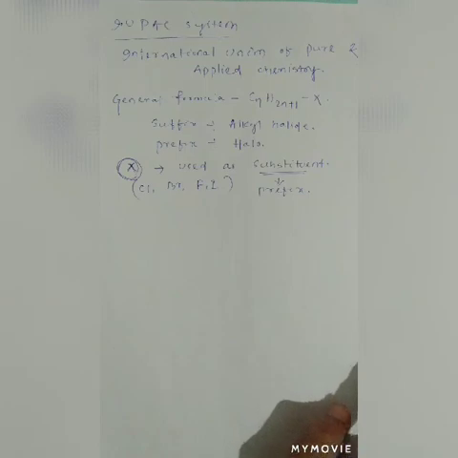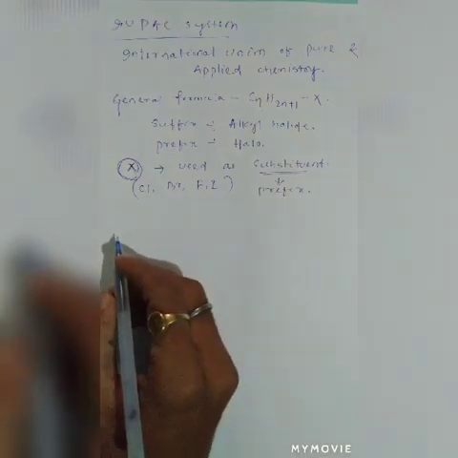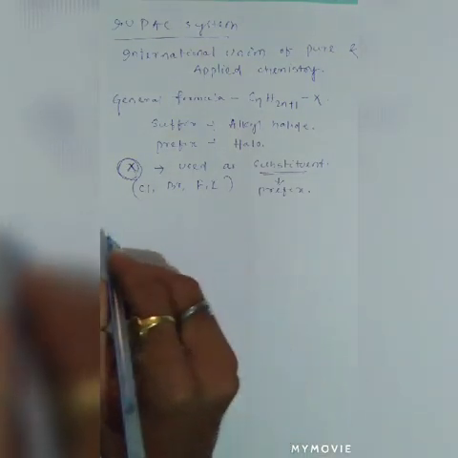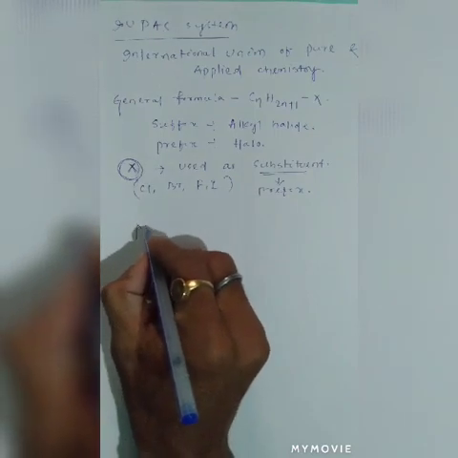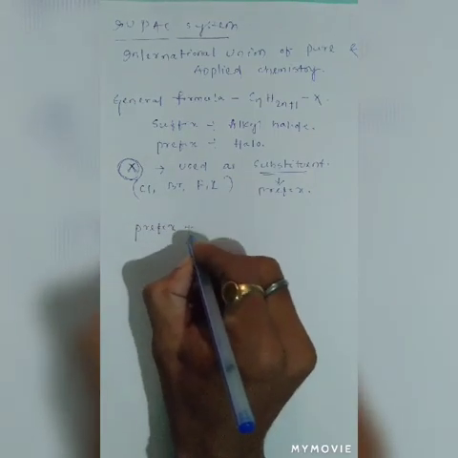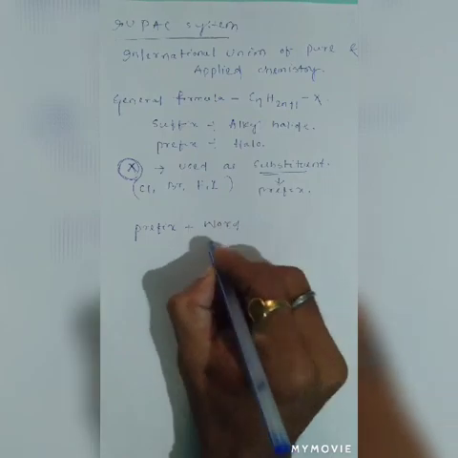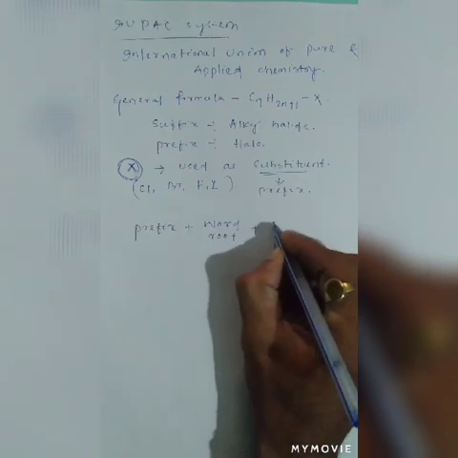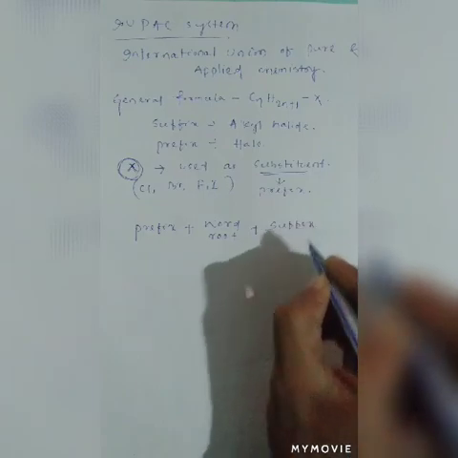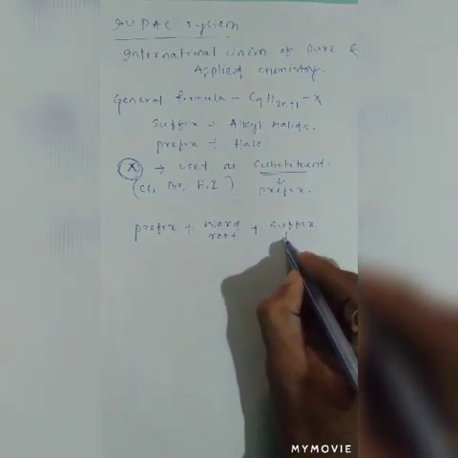How is this named? In the 11th course, we learned the IUPAC naming of all organic compounds. I am telling you again that all organic compounds are named by the formula: prefix plus word root plus suffix. There are two types of suffix.